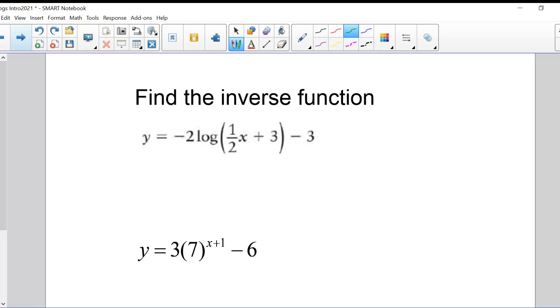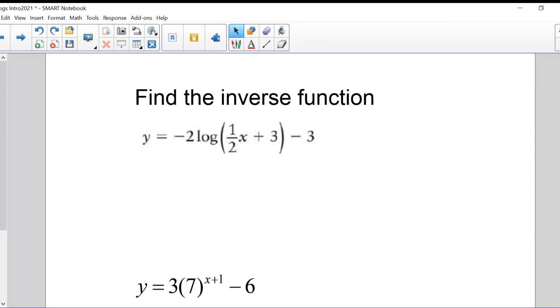Finding some inverse functions, right? I'm going to start off with a log function and then take that log function and make it into an exponential function. Then I'm going to take an exponential function and make it into a log function.